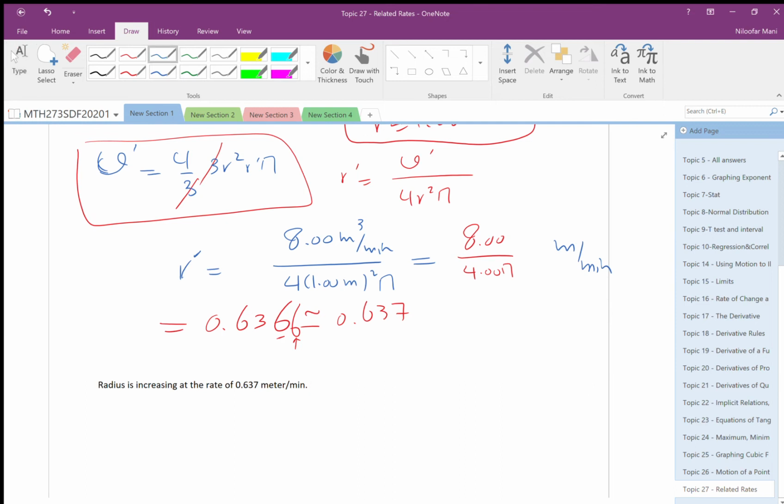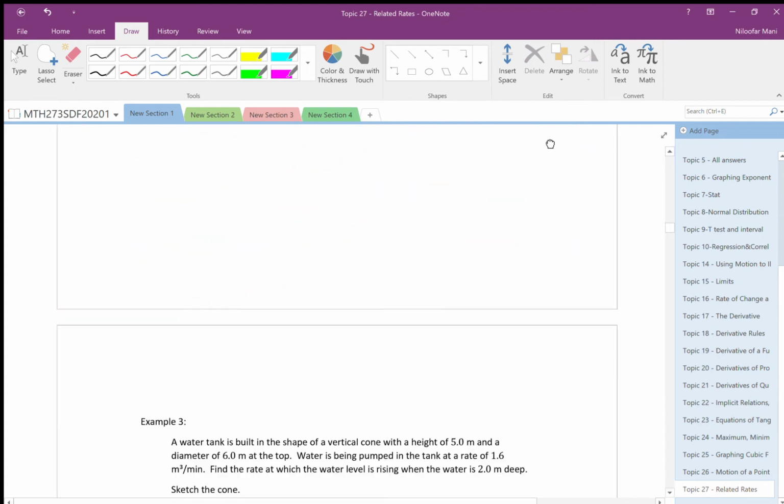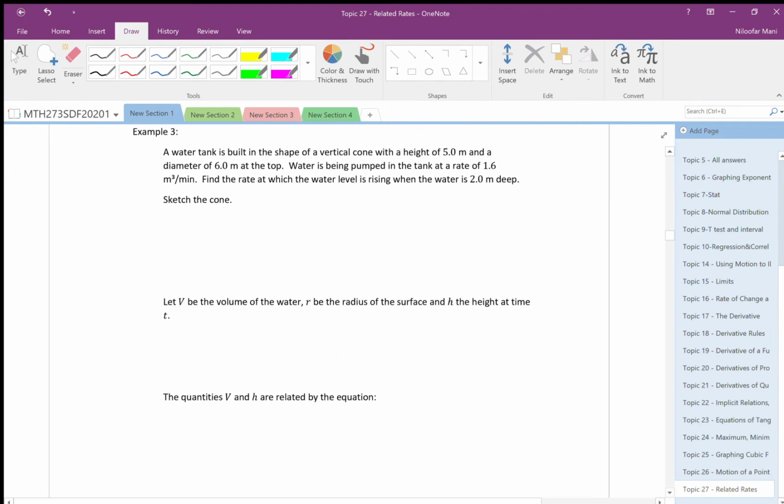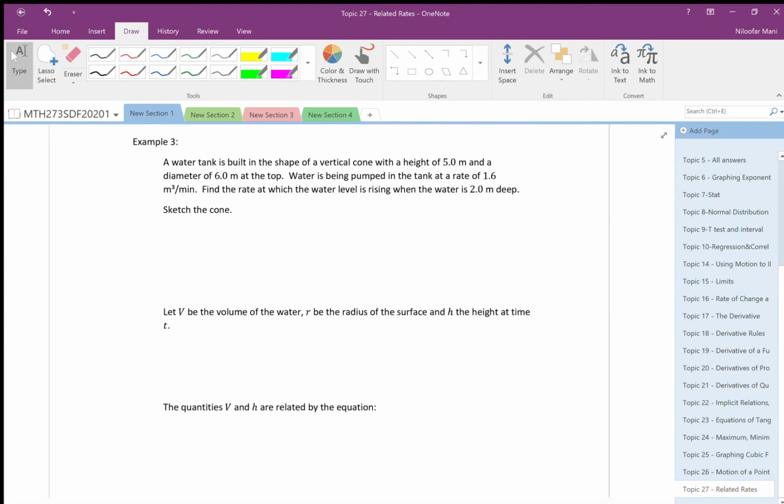I'm done with that question. So here a water tank is built in the shape of vertical cone. What's going on here? Here you read the question.